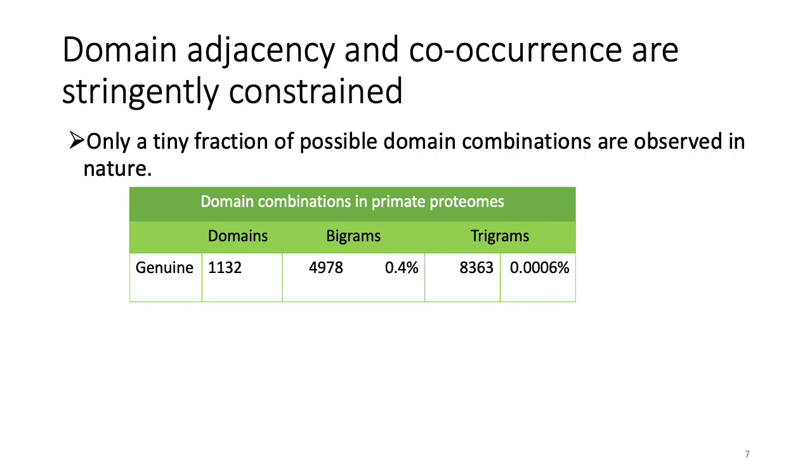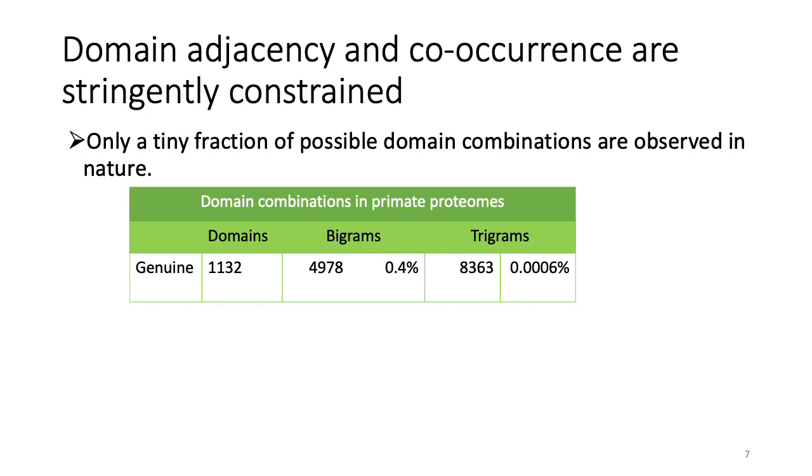In principle, these events have the potential to generate any combination of domains over the course of evolution. In practice, it appears that the set of successful changes to domain architectures is extremely constrained. Only a tiny fraction of possible domain combinations are observed in nature.